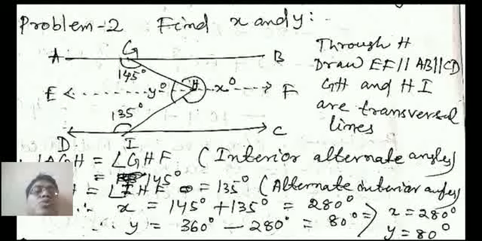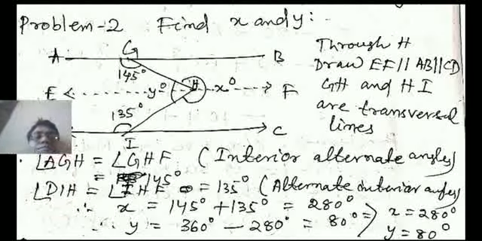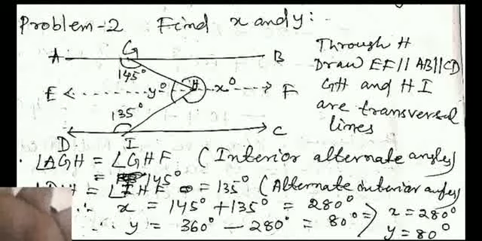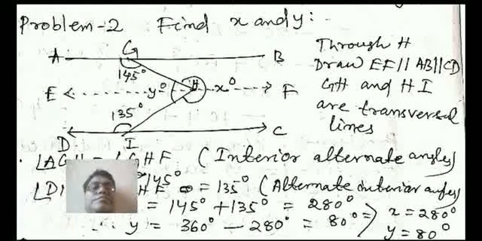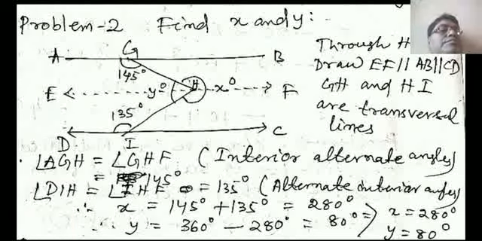Next, problem 2. Find x and y. In the figure you can see AB and CD are two parallel lines.